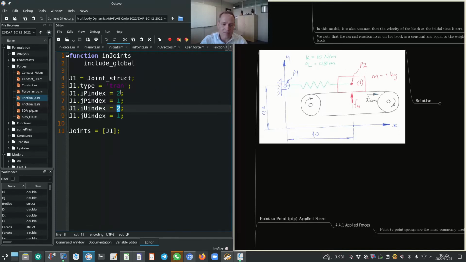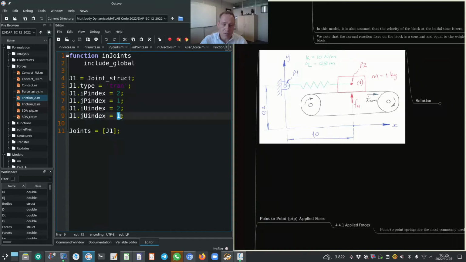It's important to have those two correctly numbered, otherwise your forces will have the wrong sign. Similarly, our J point index as well as our J U vector, both of them are on ground.